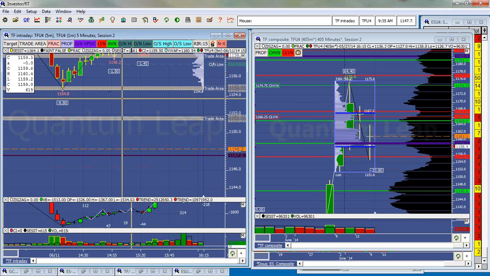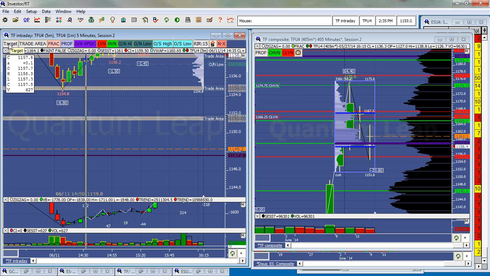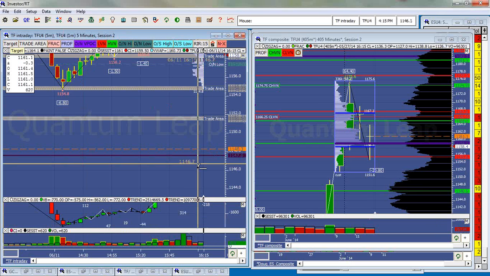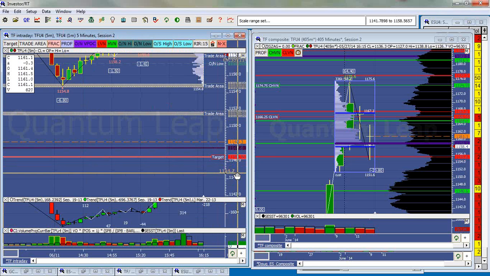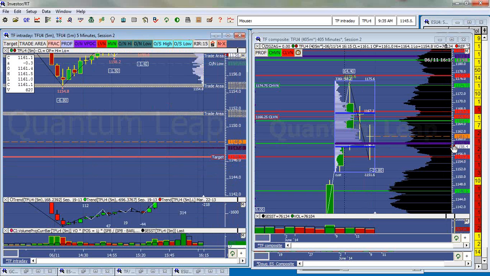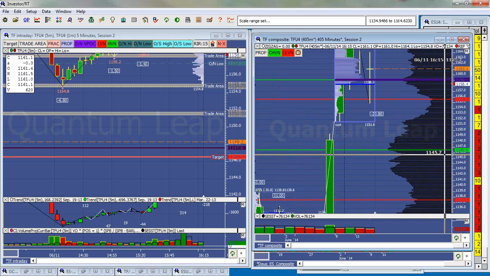but I think it's going to be rather choppy in here, with the main target being this 47.60 and then the 46.50 micro CHVN, I should say. And then you've got a little bit of a CLVN right here at 45.70.